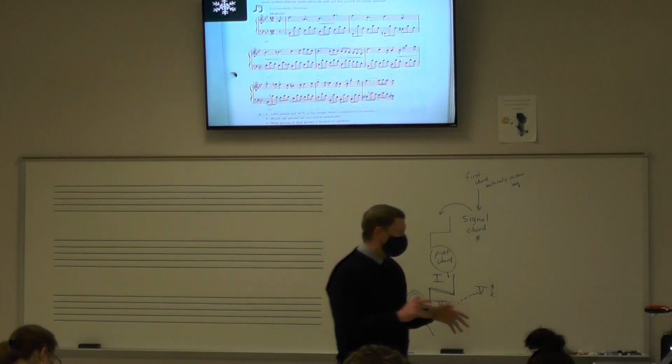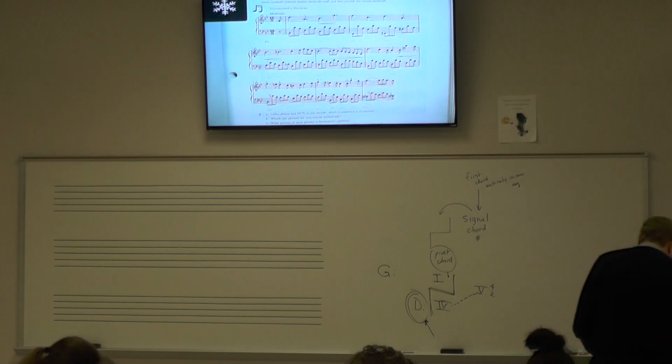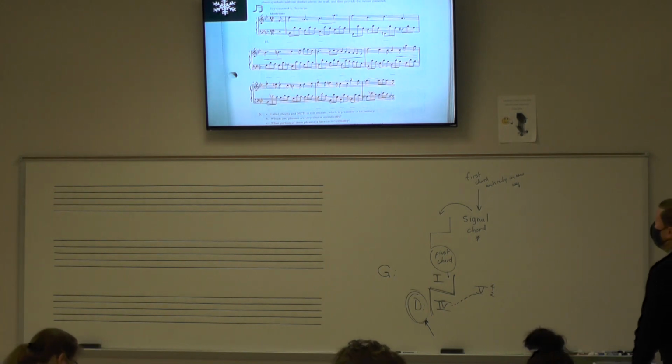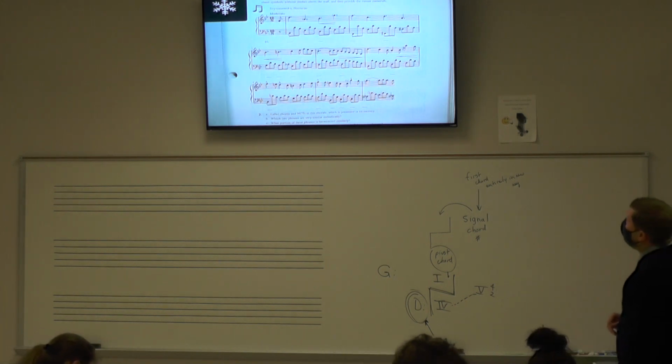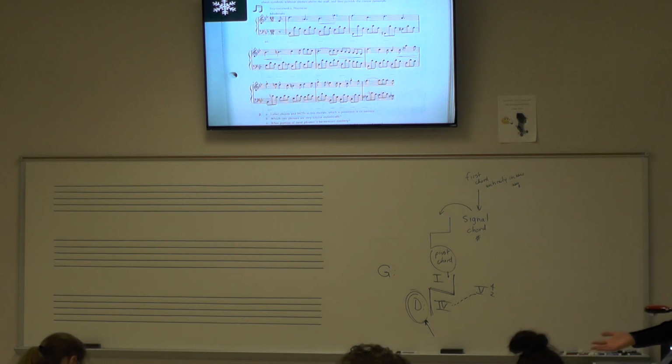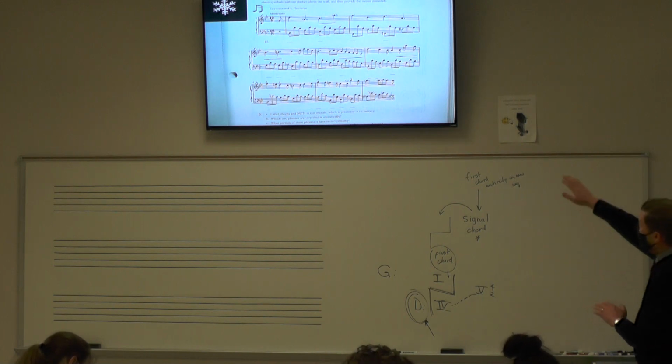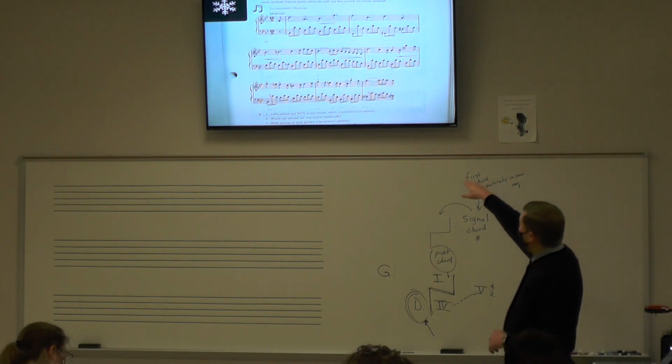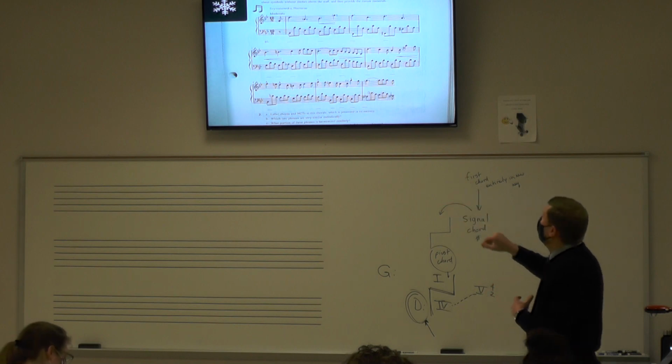All right, now let's look at the instructions. The excerpt, it tells you right here, at the very top modulates from B flat major to F major. There are your two keys right there. It starts in B flat major, and by the time you get to measure A here, it's going to end in F major.